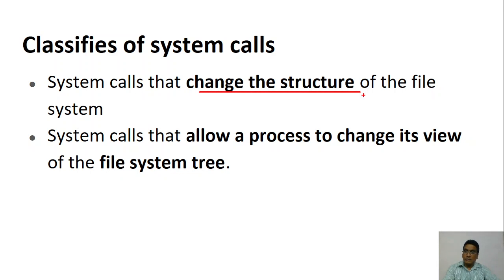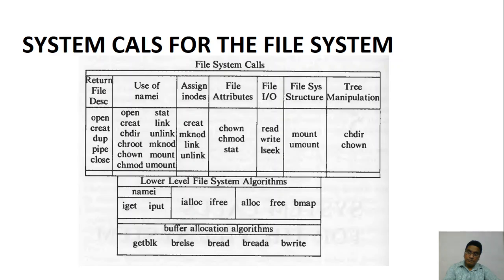Also, there are system calls that allow a process to change the view of the file system hierarchical tree. These system calls are mount and unmount. When you mount a file system, the structure of the file system expands.